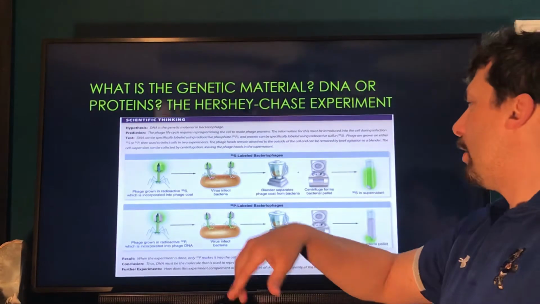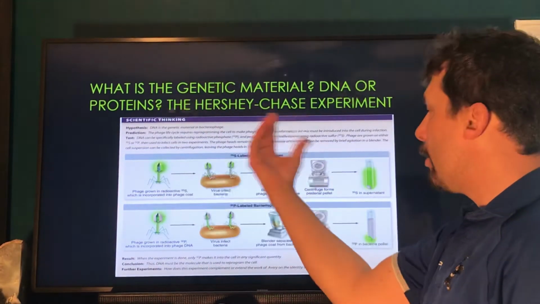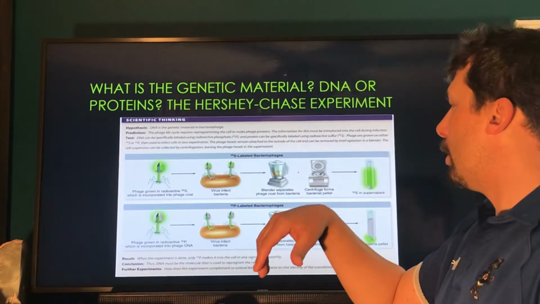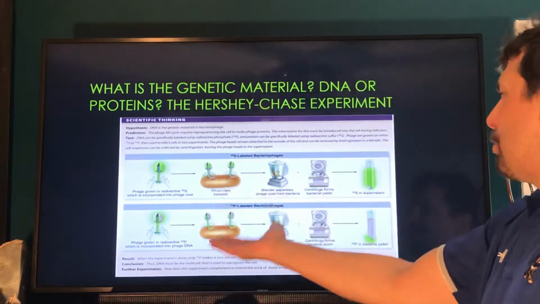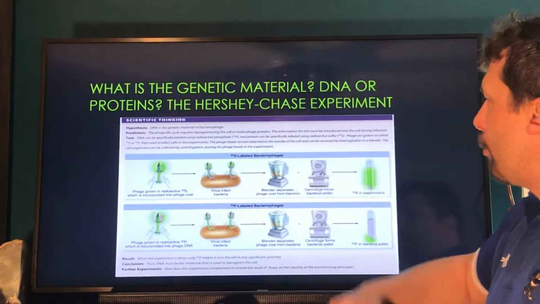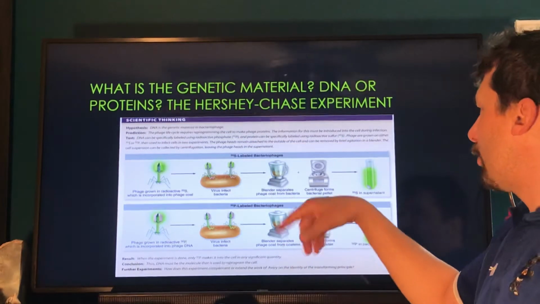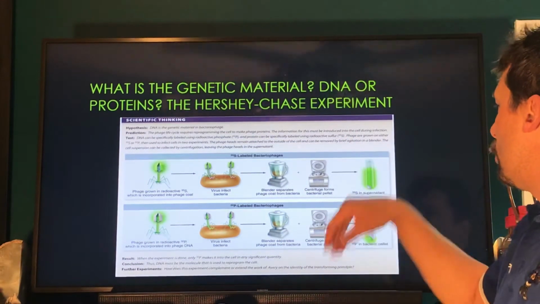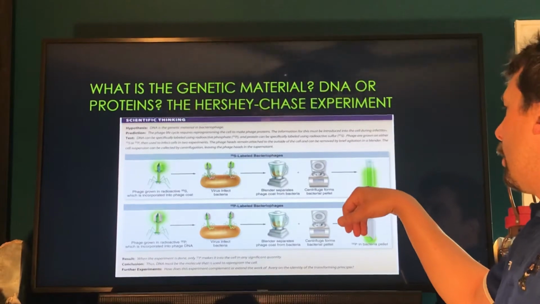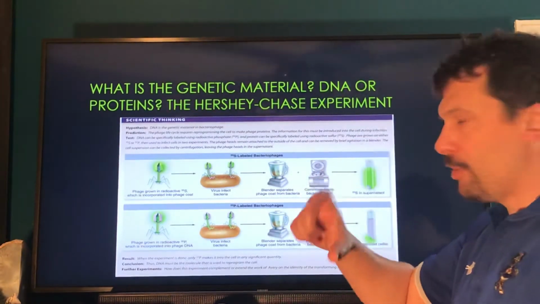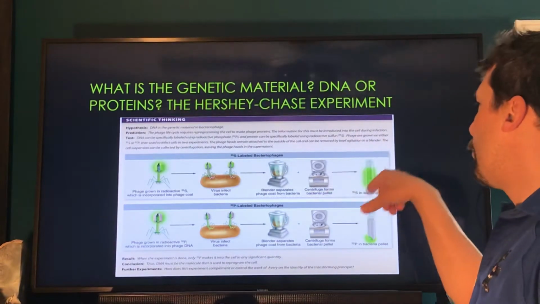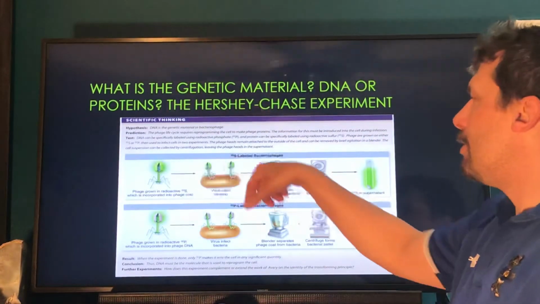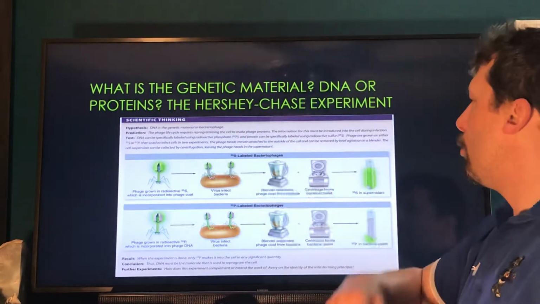And what we found out was that the thing that got transferred and hijacks the bacteria is the DNA. When they took these bacteria and separated the phage coat from the bacteria in the blender, and then centrifuged it, they found that the sulfur was in the supernatant, which is the liquid that gets separated, which means that pretty much all of the protein never got transferred into the bacteria.